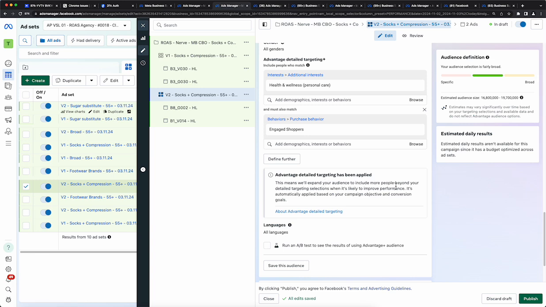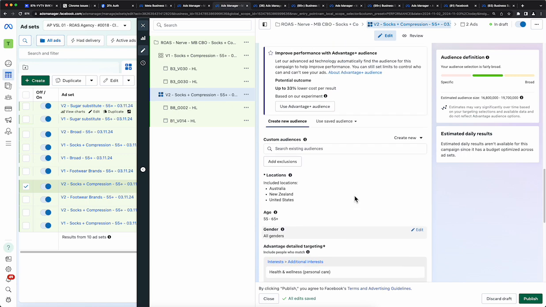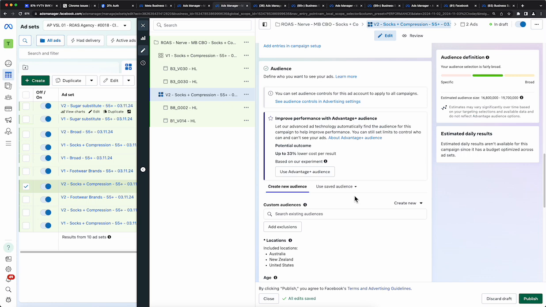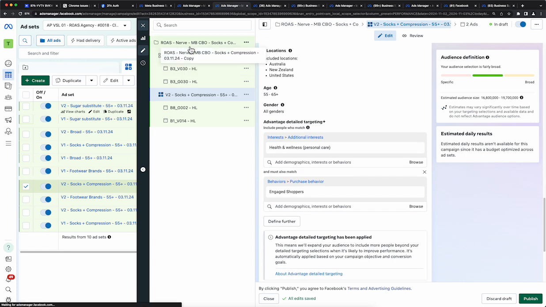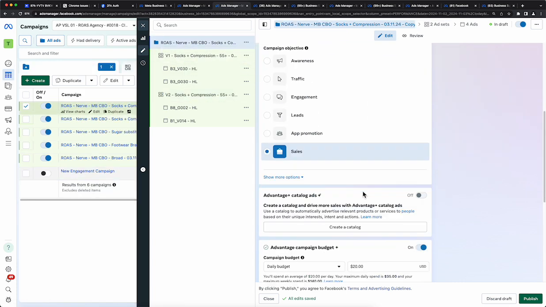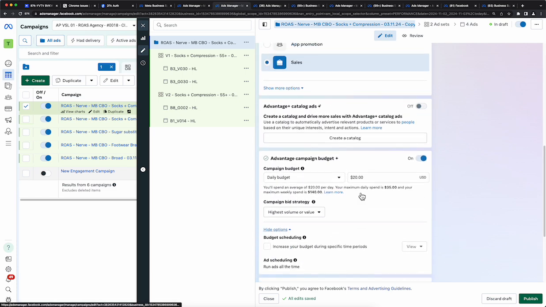Will expand your audience to include more. It's automatic based on your campaign objective and conversion goals. What? I'm just flicking through a few things to see because that's new.